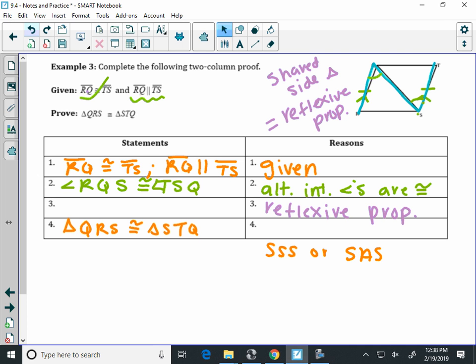Here's another freebie. Whenever you have shared side triangles, your reason is reflexive property, and that is just stating that the shared side is congruent to itself. Your statement that goes with that is just saying that shared side is congruent to itself.